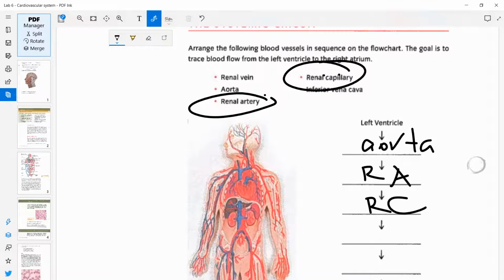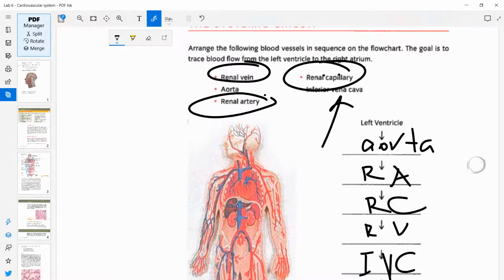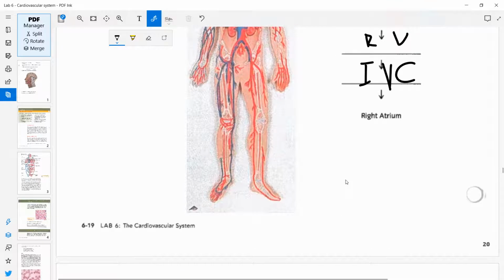From the renal capillaries to the renal vein. From the renal vein into the inferior vena cava and into the right atrium.